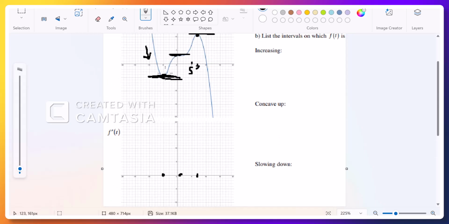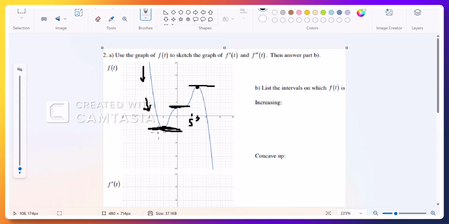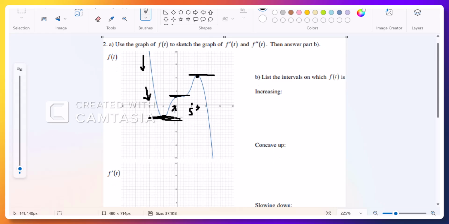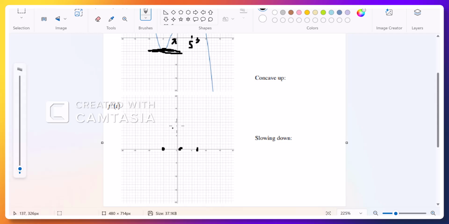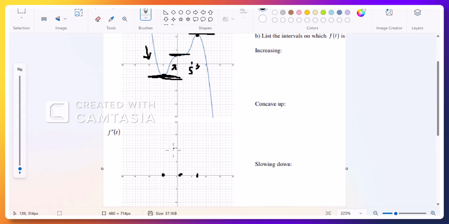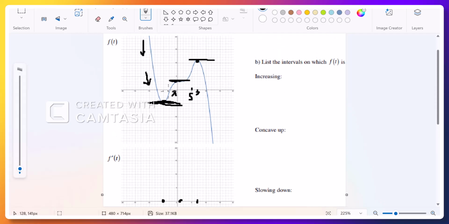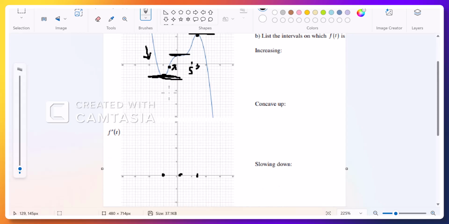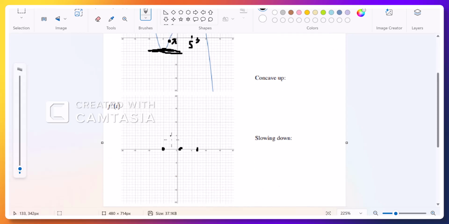So from the graph, it's coming down negatively. The slope is always going down negatively. So we're going to have a bounce. So this is going to be negative and this is a positive. So we're going to have a negative to positive. So this is going to be going up to 1.